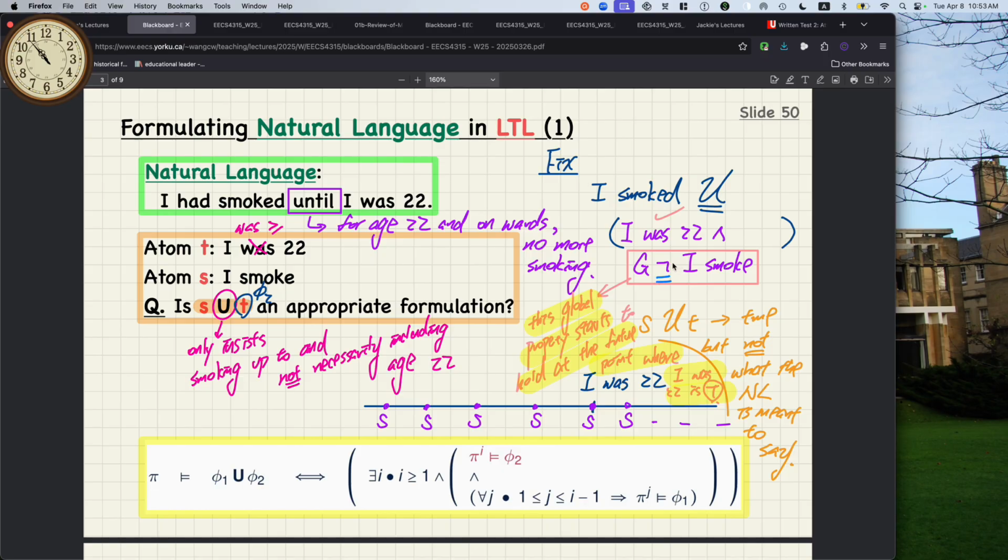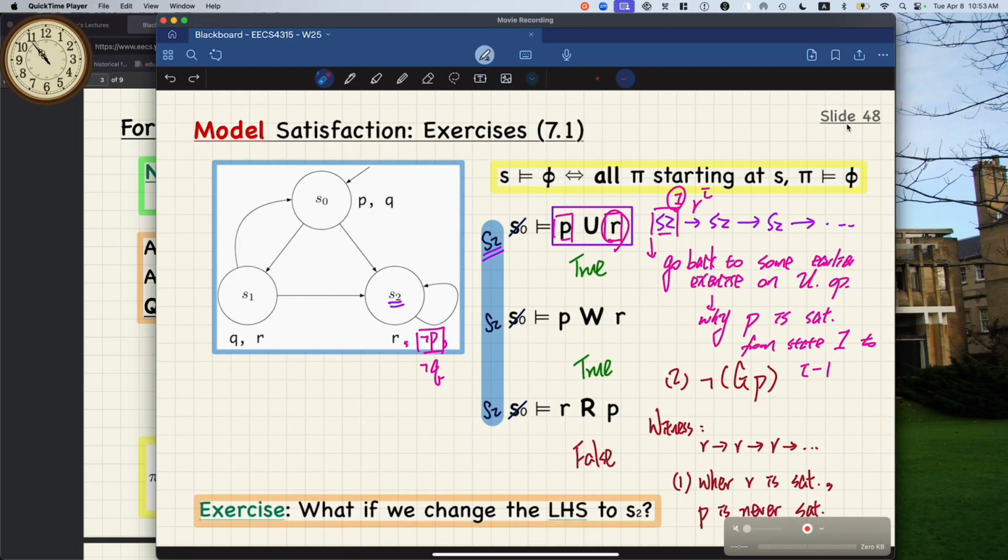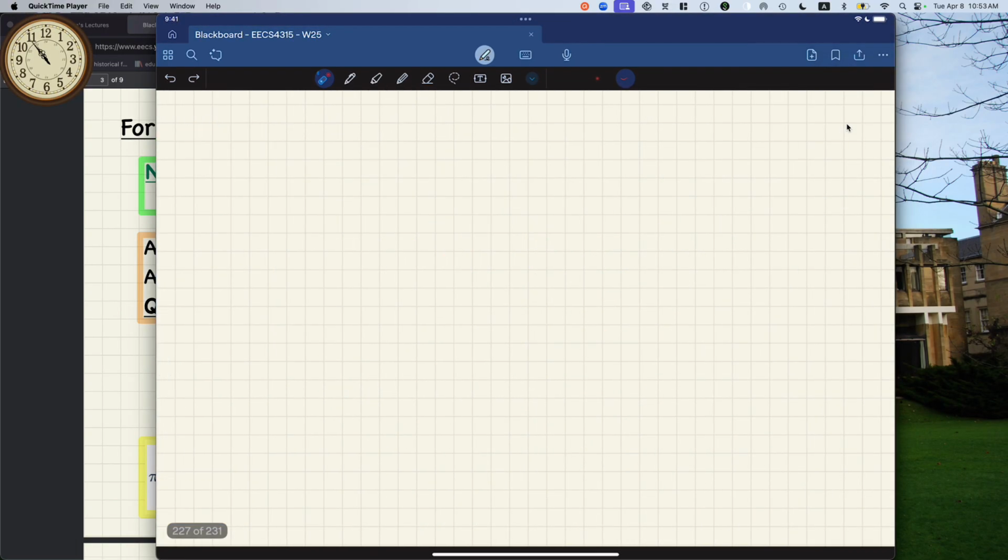Of course, in the actual exam, if you decide, let me put it this way, you want to actually think about it.